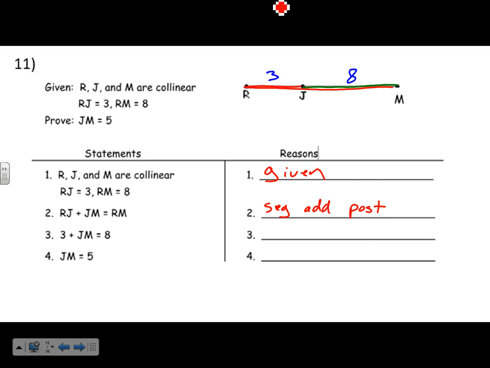So what about 3 plus JM is equal to 8? How do we go from step 2 to step 3? We know RJ is equal to 3, so I just sub the 3 in there for RJ. We don't know JM, but we know RM is 8, so I just sub that in there. So that's the substitution.